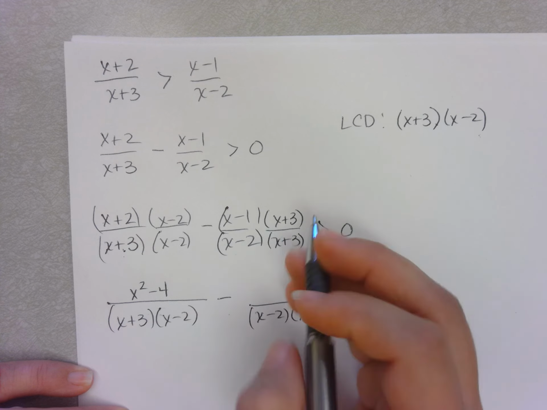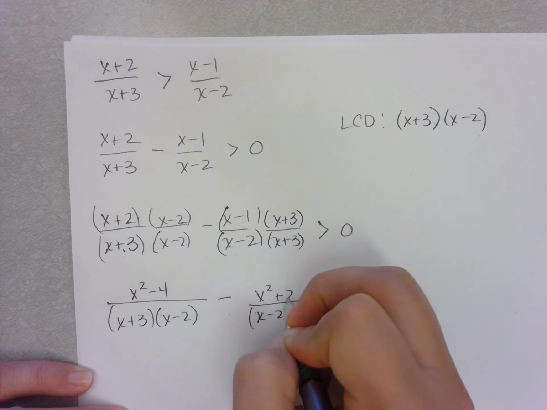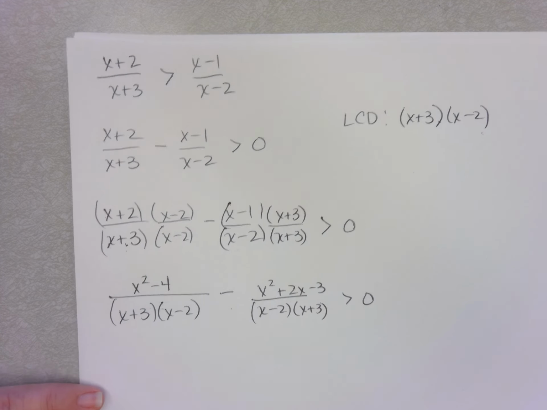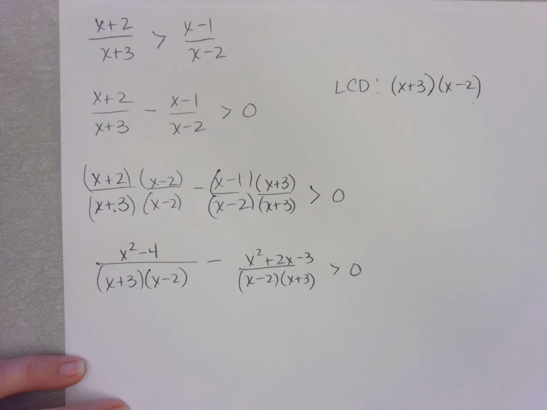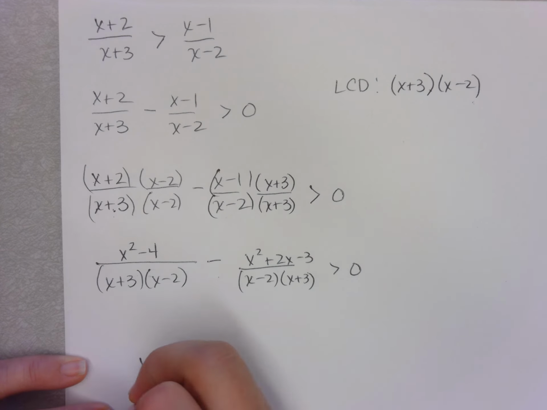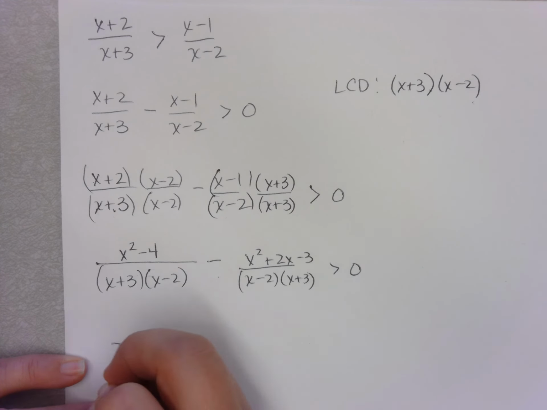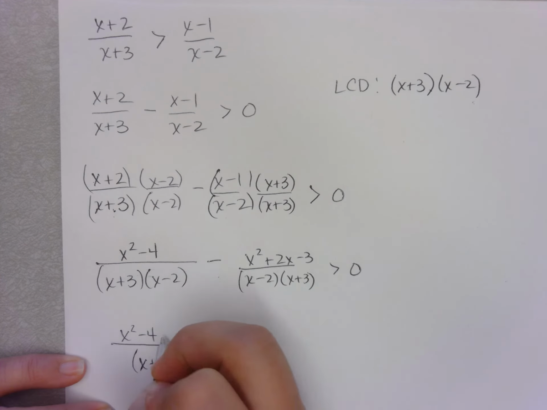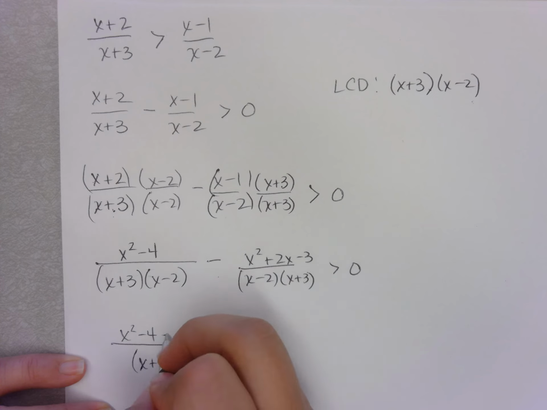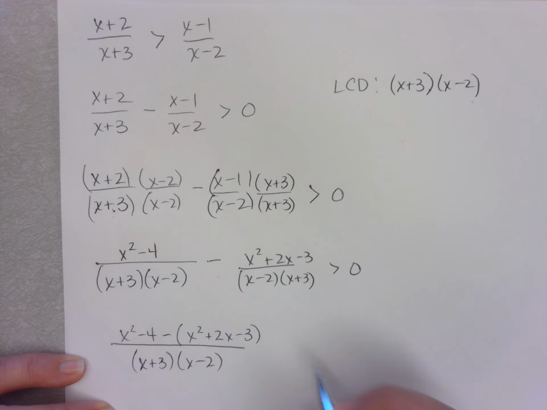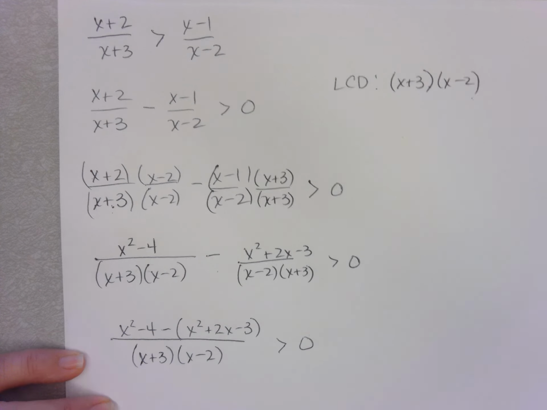And I multiply these together and I get x squared plus 2x minus 3 is greater than 0. All right, so now I need one fraction. Thank goodness I don't have to write this denominator another time. So now I have one fraction. I have x squared minus 4, and then this minus goes on all the terms: x squared plus 2x minus 3 is greater than 0.